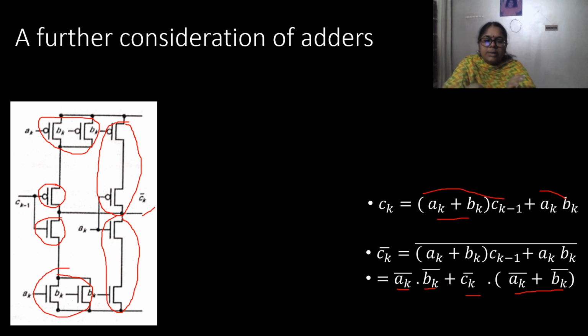That means if two NMOS transistors are in series, in PMOS, two PMOS transistors will be in parallel. Similarly, if two NMOS transistors are in parallel, then on the PMOS side, two PMOS transistors will be in series.